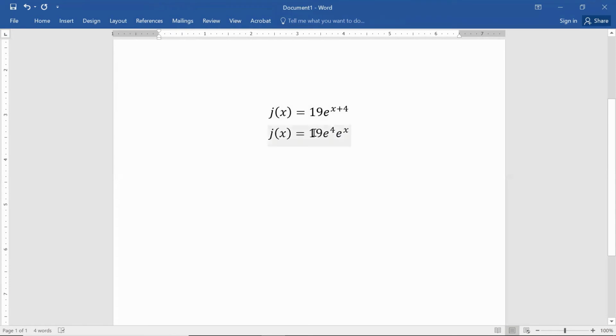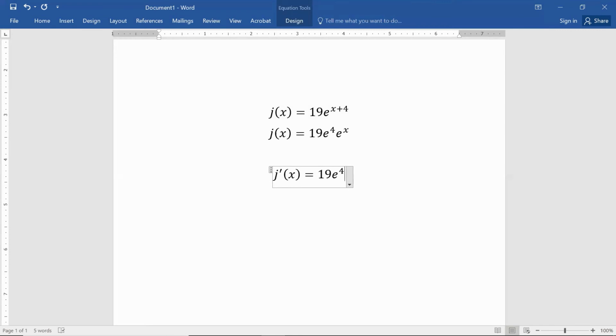You add the exponents. Now we can see that you can group the 19e to the 4th together, and that's all just a constant number. So now that's just a constant number times e to the x. Well, I know how to take the derivative of a constant number times the function e to the x.